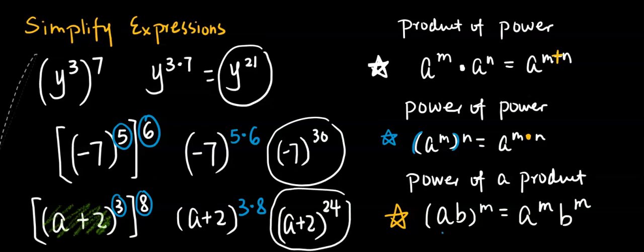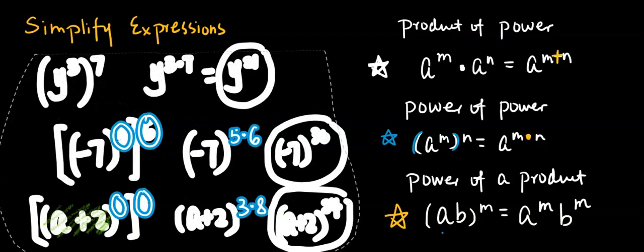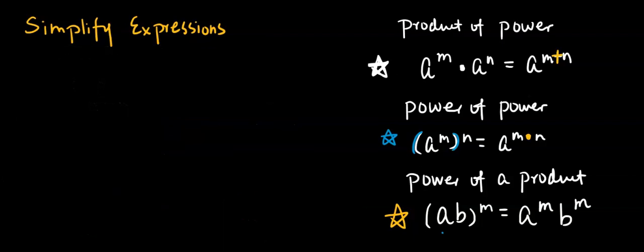Okay, let's practice our next rule. Next rule is called power of a product. This time, two numbers stay in the parentheses. If we give them a power, we're going to make sure each of them gets a superpower. All right, let's say I have two numbers. Let's start with something really simple, okay? Let's say outside give it a third power. Remember, this time you're going to give the power to each of them.